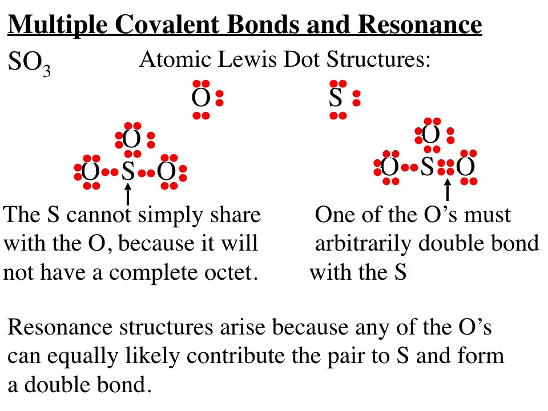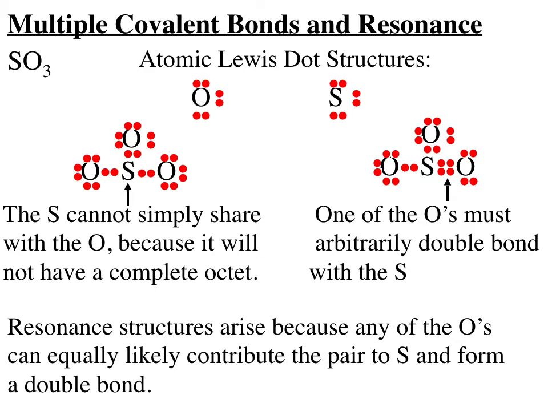The other thing that one double bond and two singles would imply is that one of the bonds would be shorter than the others, because double bonds are shorter than single bonds. According to the experimental evidence that we have found over the years, all the bonds in SO3 have exactly the same length. All the bonds in SO3 have exactly the same strength.